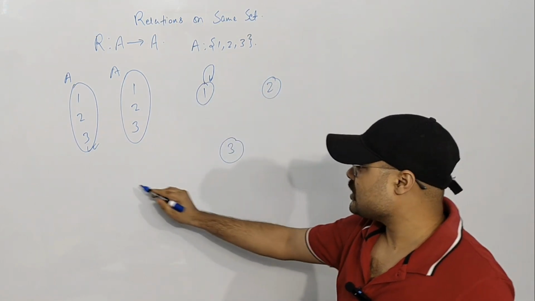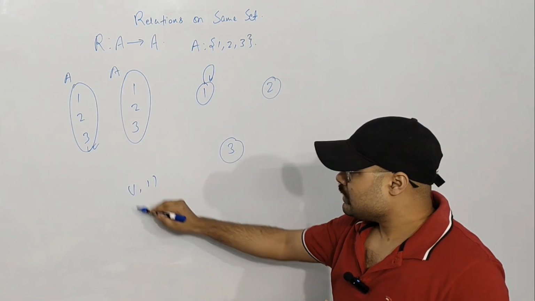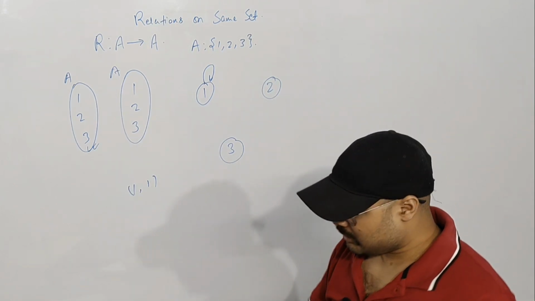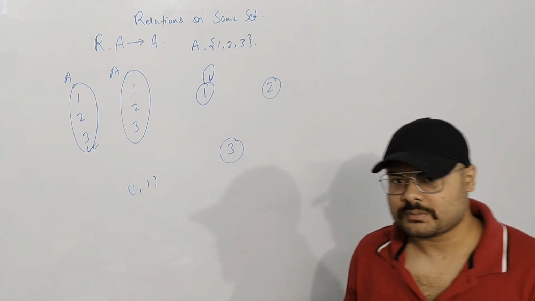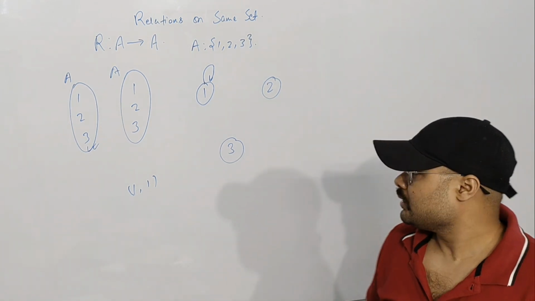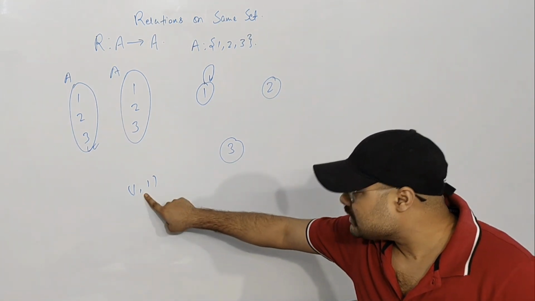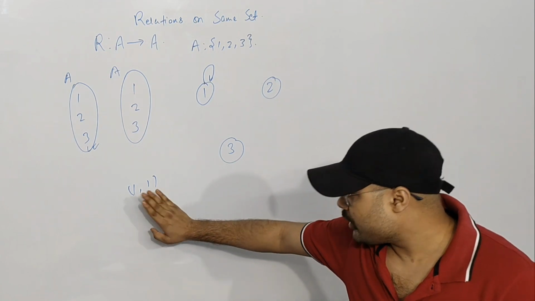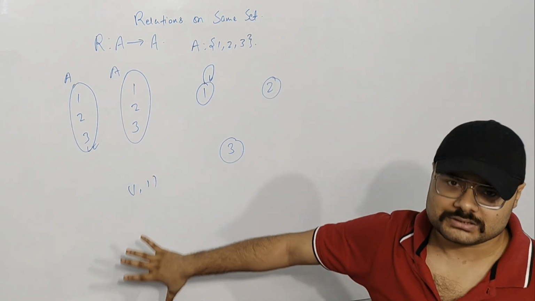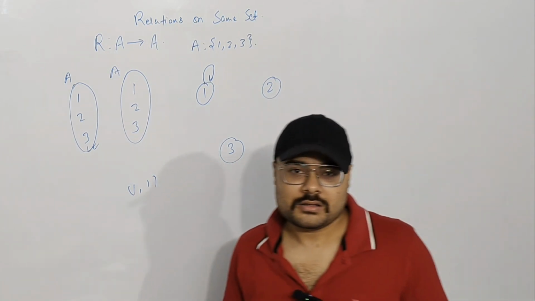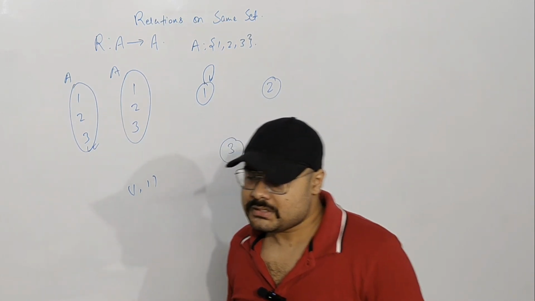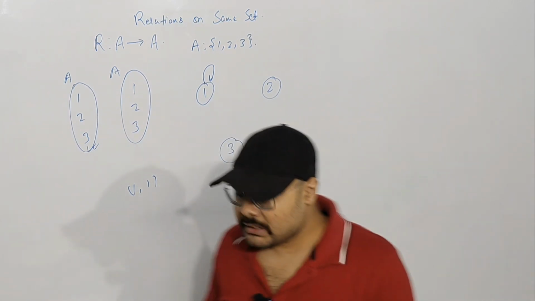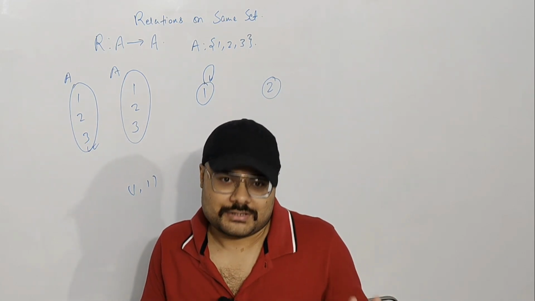This type of relationship, like 1 comma 1, does not have a say in determining whether the relationship is symmetric or antisymmetric. If any such ordered pair exists or does not exist, it does not decide whether the relation will be symmetric or antisymmetric. An element related to itself does not have a say.